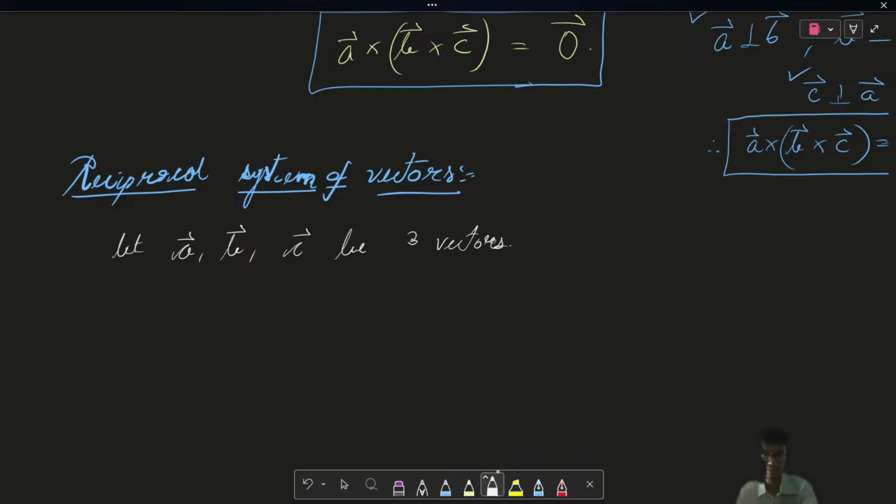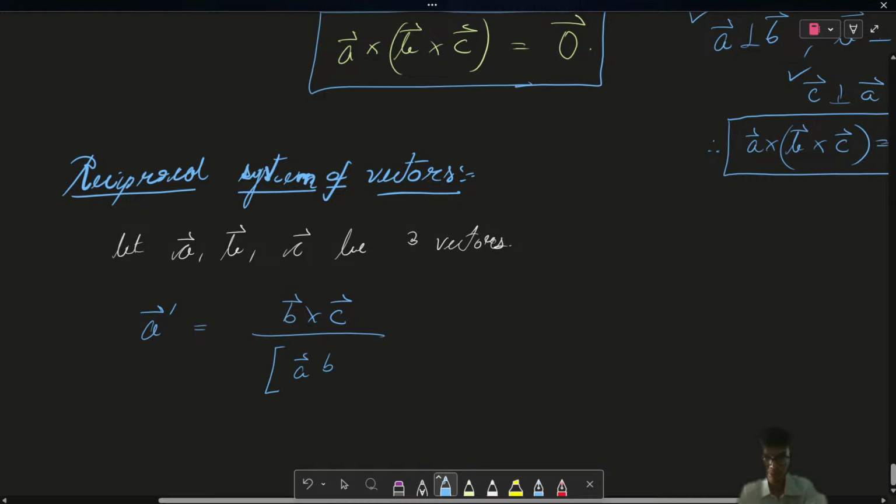Okay. So if there are three vectors, then I define another system of vectors such that A dash vector is defined as B cross C divided by the box product of A B C, right?